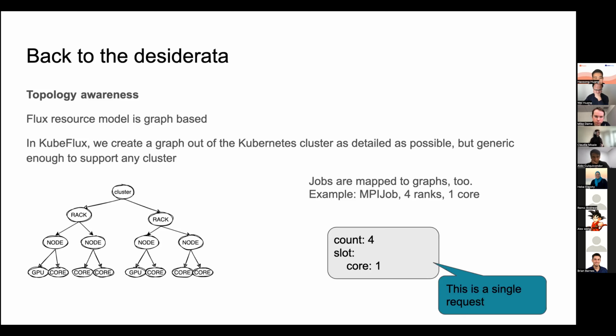So within the plugin, we create a representation of the cluster that is as detailed as we can make it, but also generic enough that it can apply to any Kubernetes cluster.